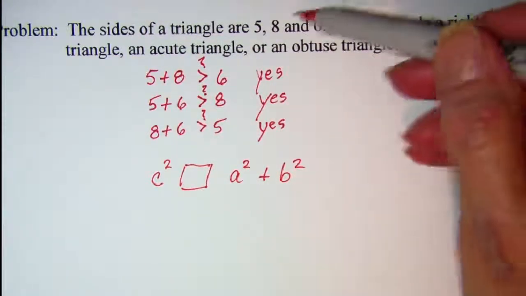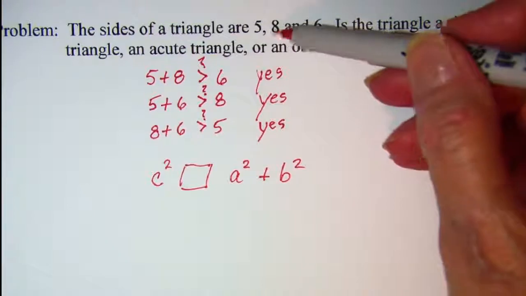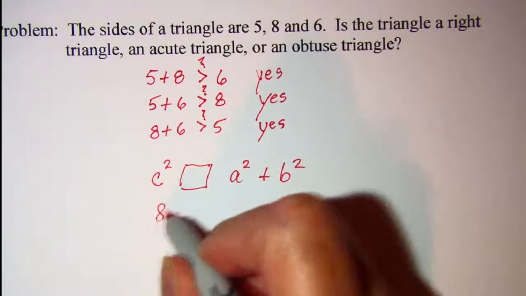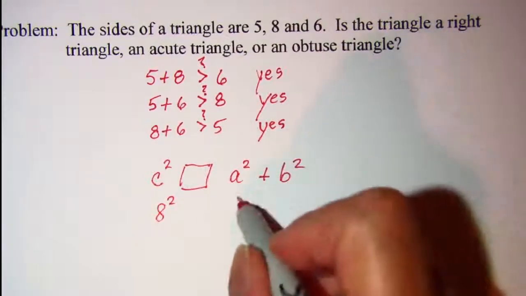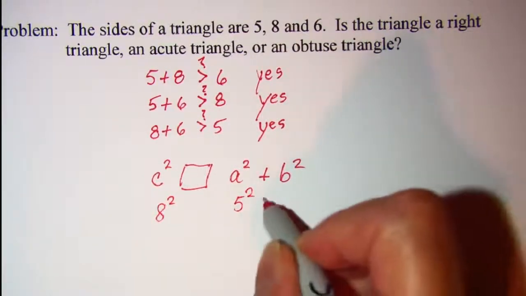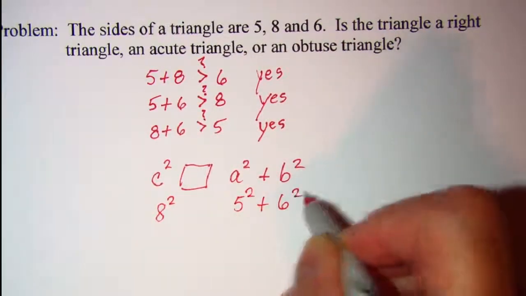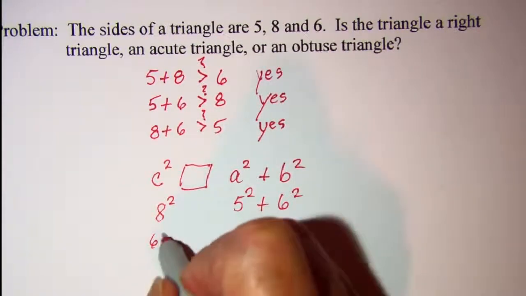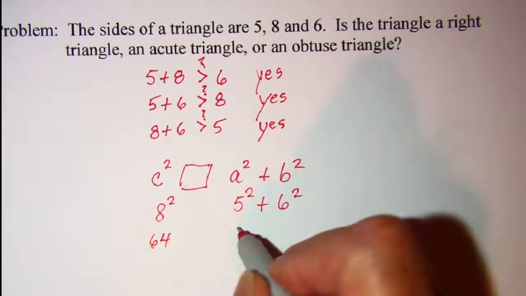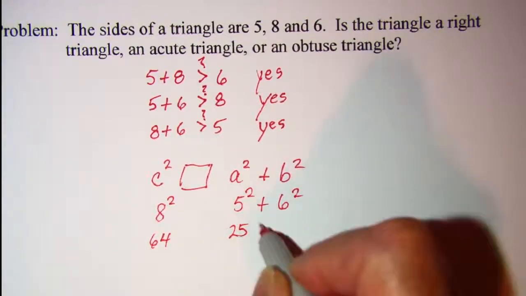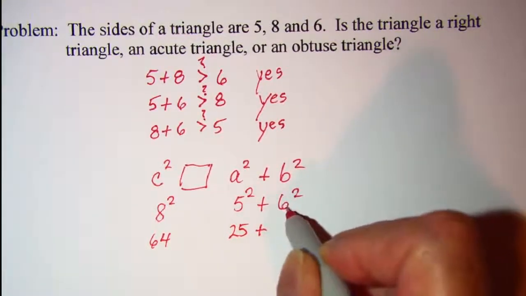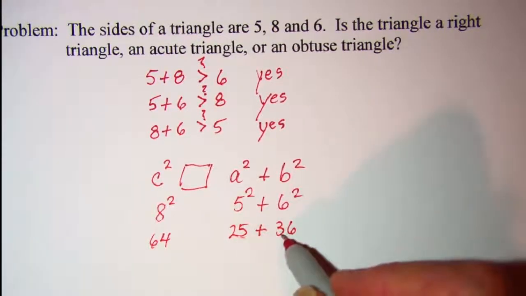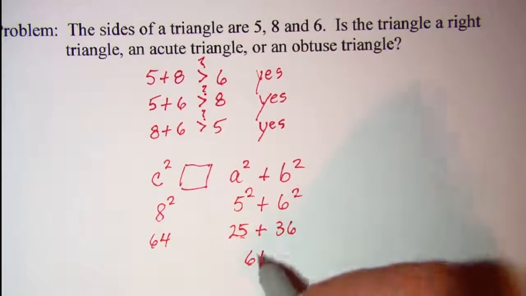My c would have to be this bigger side right here, the 8. So I'll put 8 squared and then 5 squared and 6 squared in these two spots. 8 squared is 64. 5 squared is 25. And then 6 squared is 36. When we add these two together, we get 61.